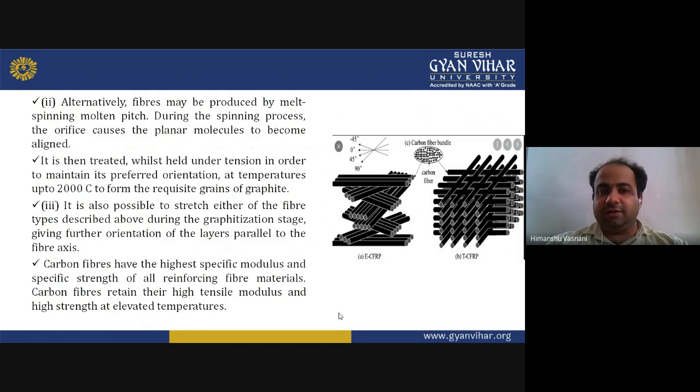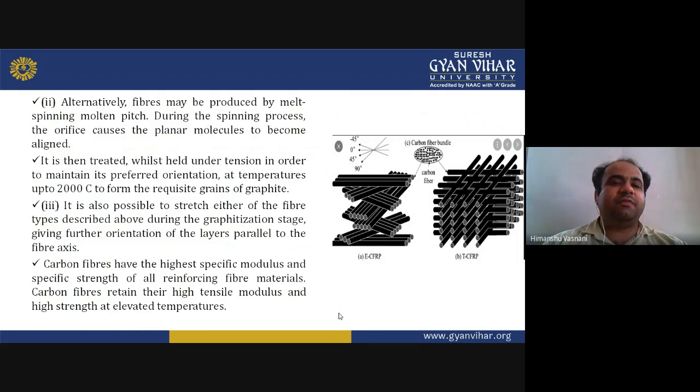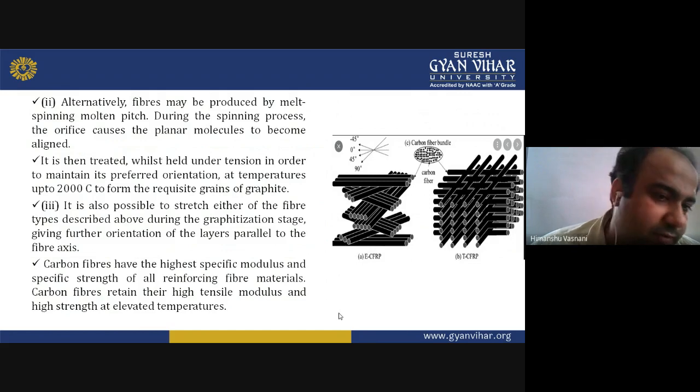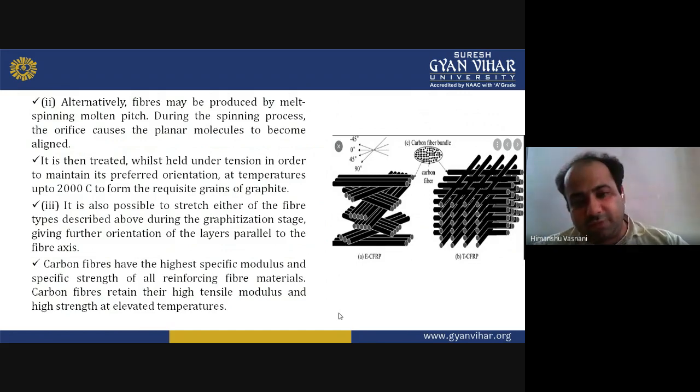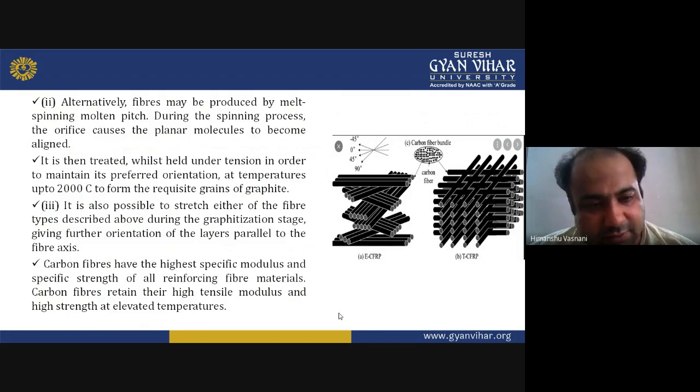It is then treated while held under tension, in order to maintain its preferred orientation, at temperatures up to 2000 degrees centigrade to form the requisite layers of graphite. It is also possible to stretch either of the fiber types described above during the graphitization stage, giving further orientation of the layers parallel to the fiber axis.